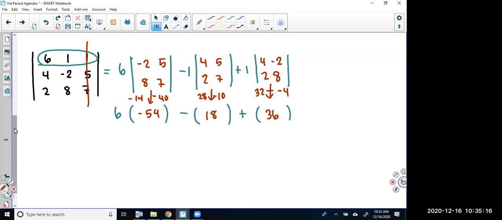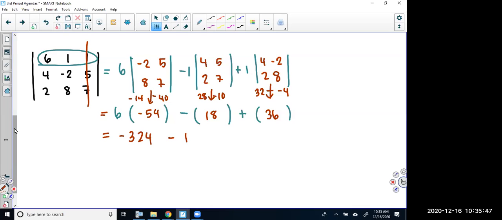So for our final answer, we have to figure out what 6 times negative 54 is. That's negative 324. Minus 18, plus 36.